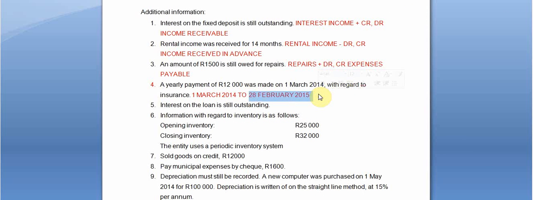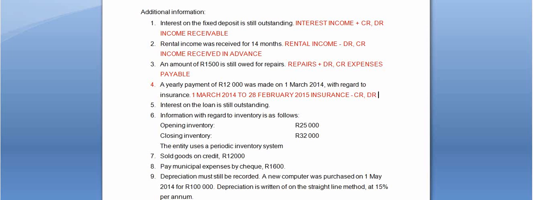It should not be in that period, because the insurance within our financial period is only March, April, May, June, July, August, September, October, November, and December. So January and February should be taken away. So how will I do that? My insurance amount will be decreased, and that would be a credit because it's an expense.